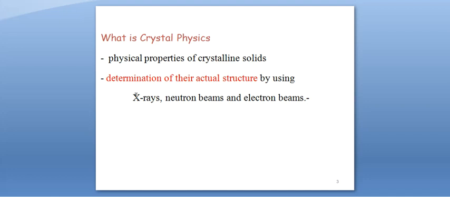Here we determine the actual structure of the solid by using X-rays, neutron beams and electron beams, etc. So the structure determination is done by using X-rays, neutron beams and electron beams.